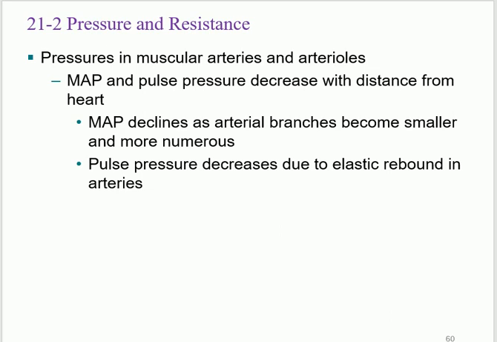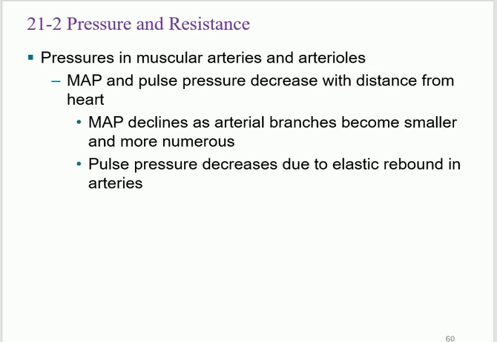How about the MAP, the mean arterial pressure? How to get it? Something plus something. Diastolic plus, no, diastolic plus systolic, that's the whole thing. Diastolic plus one third of the pulse pressure.